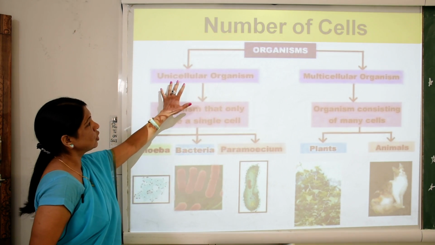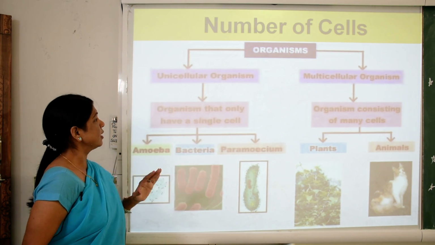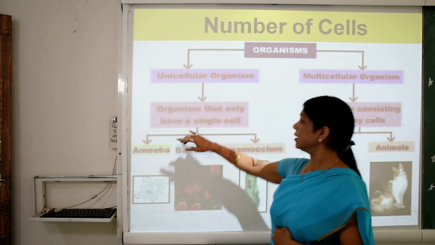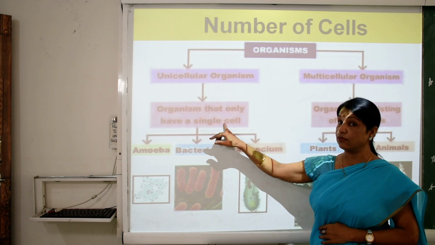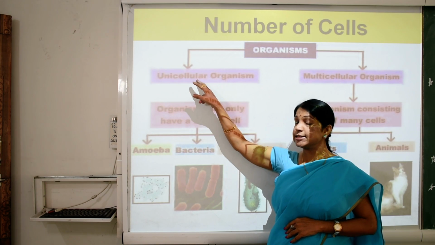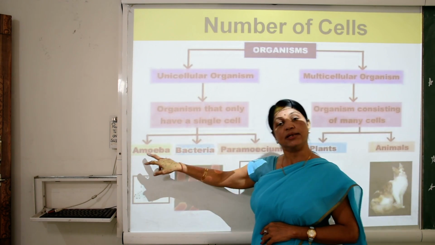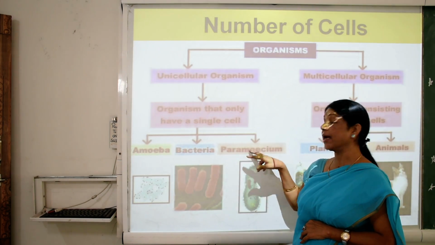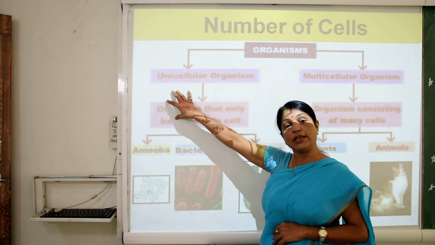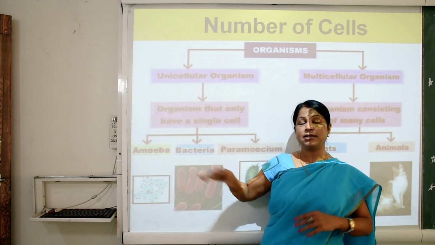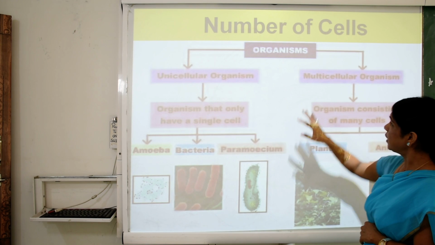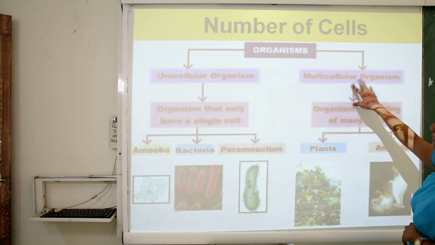Suppose we talk about the unicellular organism: an organism that has only a single cell is called unicellular. Examples are the amoeba, bacteria, and paramecium. These are examples of the unicellular, or single-celled, organism. It is shown here.